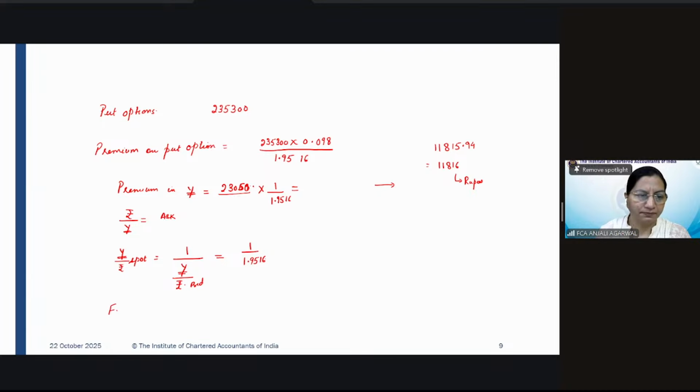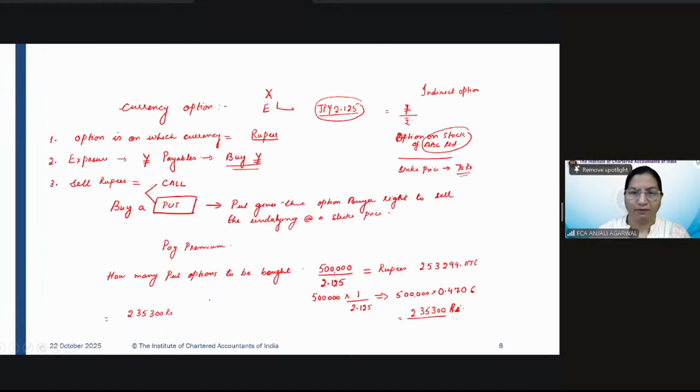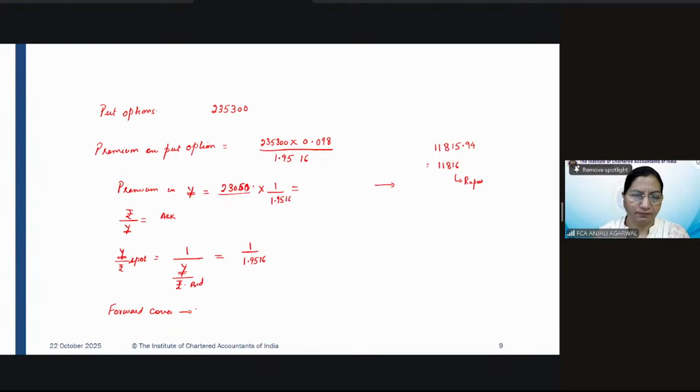So let's compare. Under the option cover 235,300 plus a premium of 11,860.